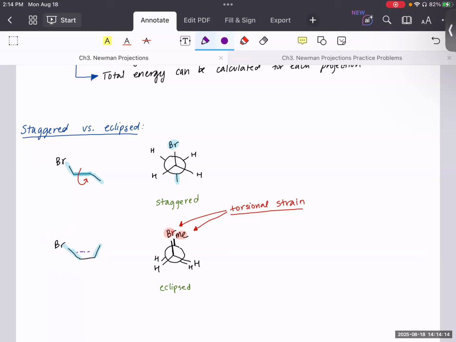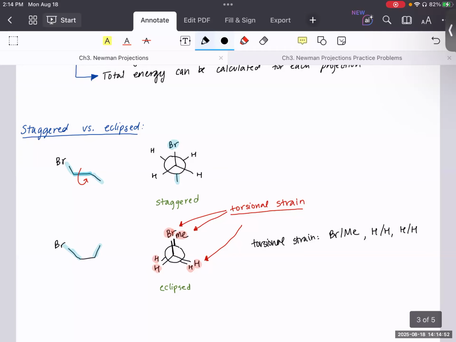Whenever we have groups that are directly overlaid with each other, we end up having torsional strain. So these two hydrogens also have torsional strain, and the same thing with this other pair of hydrogens here. All together, this molecule has torsional strain between the bromine and the methyl, the first hydrogen pair, and the second hydrogen pair.